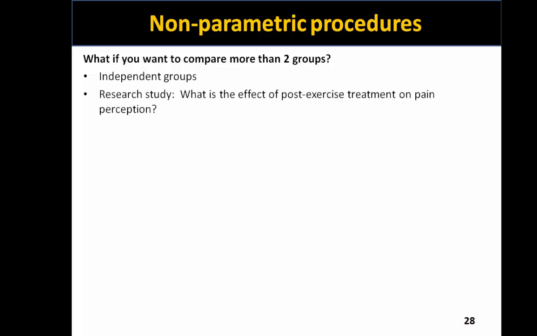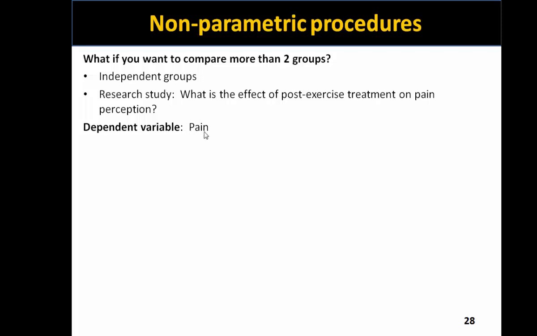The last 2 slides here, although we won't go through the hypothesis testing approach, we'll just look at from an example perspective, in the event that we have research designs that include more than 2 groups, specifically independent groups. One example here is studying the effect of post-exercise treatment on pain perception.